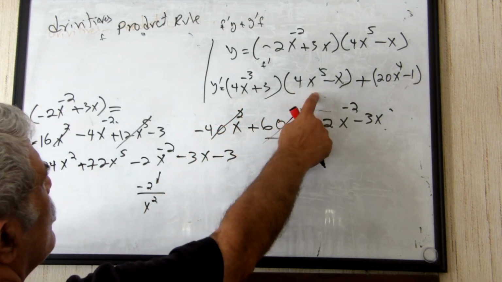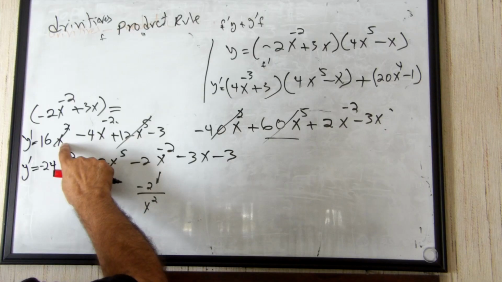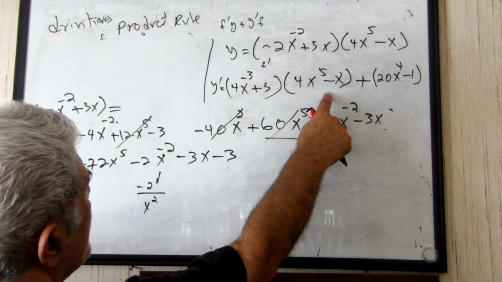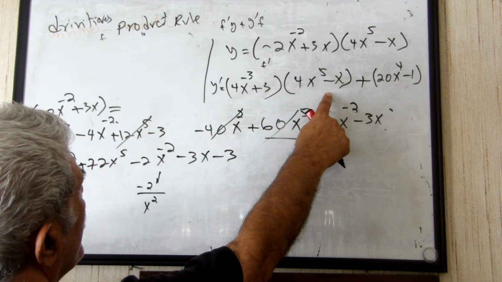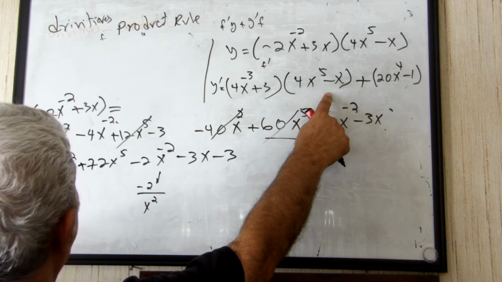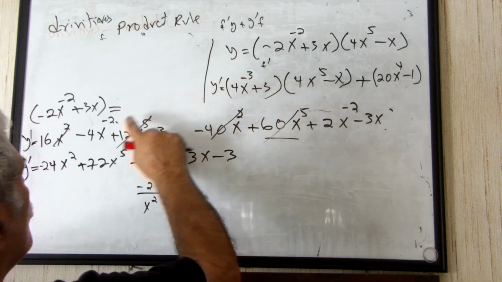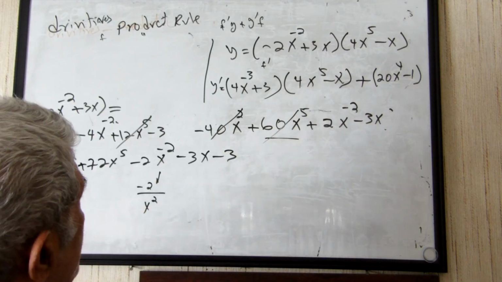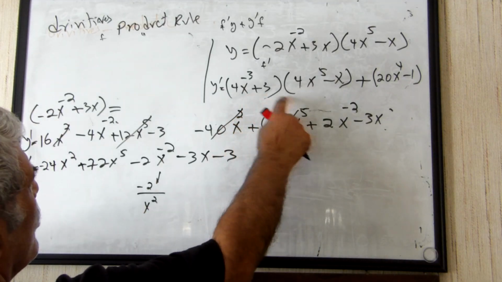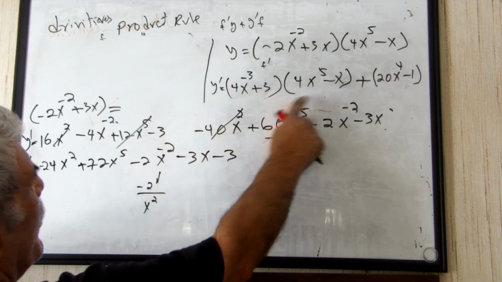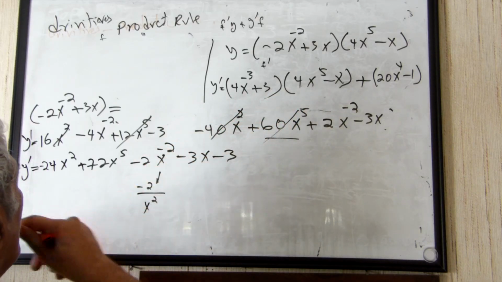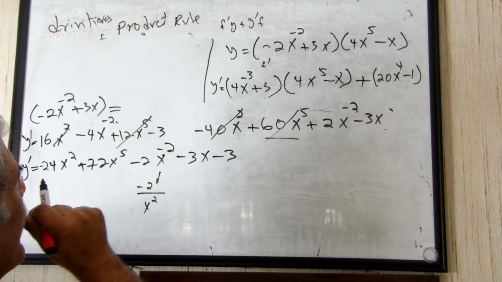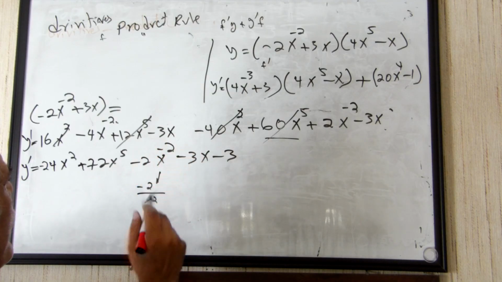4 times minus x is going to be minus 4x to the power of minus 2, minus 3 plus 1 is going to be minus 2, and then we multiply this one, 12x^5 minus 3x.